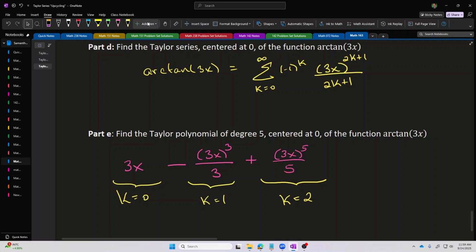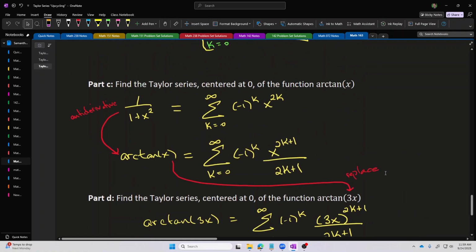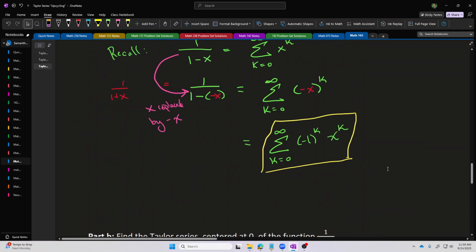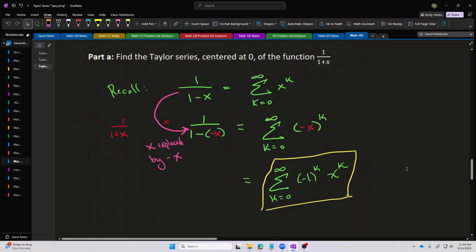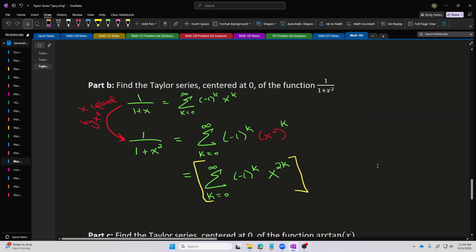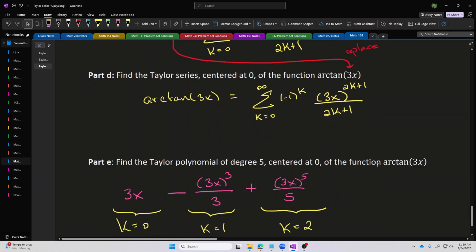So just by truncating this Taylor series, we were able to find the Taylor polynomial of degree 5 for this function. And we did not have to calculate 5 derivatives of arctan of 3x, heaven forbid. We just had to recycle some other series that we were able to find more easily through this succession of substitutions and antiderivatives and things like that.